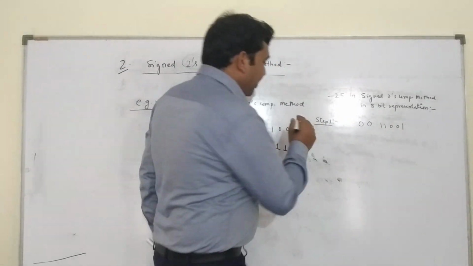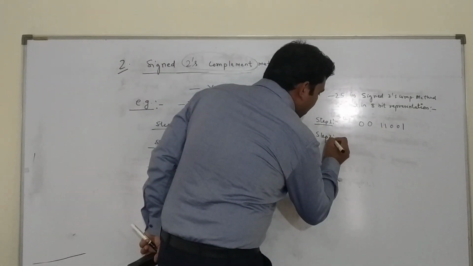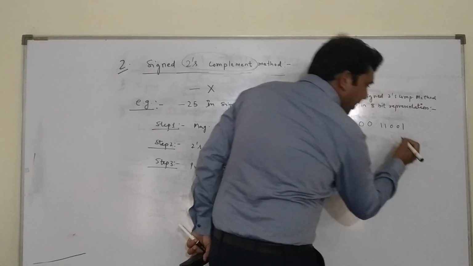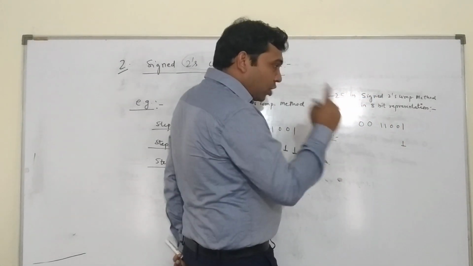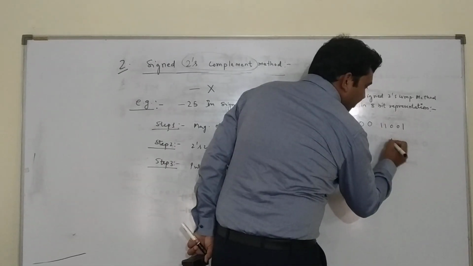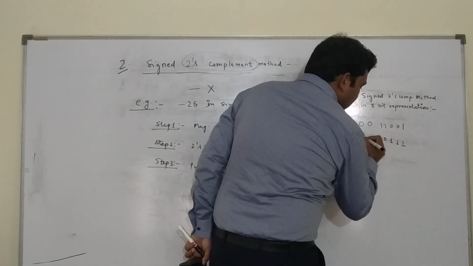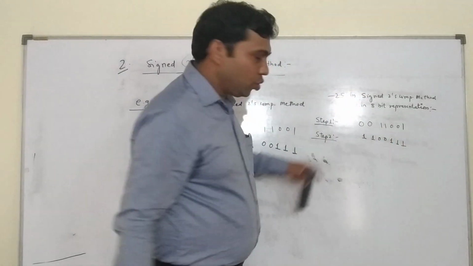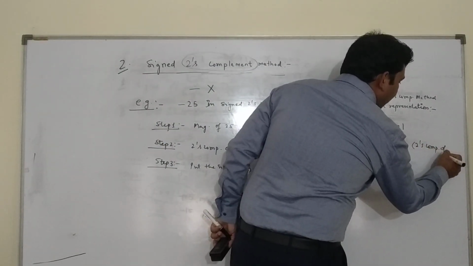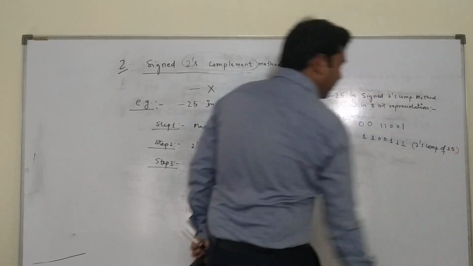Take the 2's complement. Step 2. Take the 2's complement. We encounter the very first 1 bit, so keep it as it is. Do the inversions of the rest of the bits. This is the 2's complement of 25.